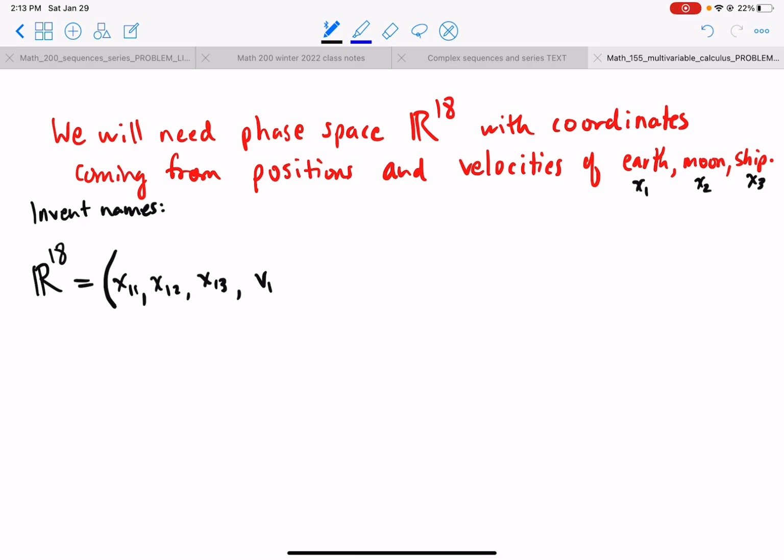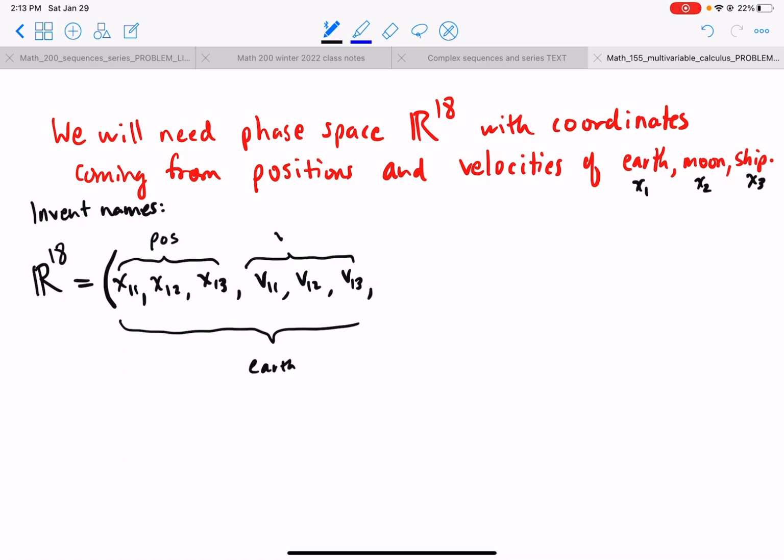So v1, and now it needs 3 coordinates, so v11, v12, v13. Now it has 3 coordinates. We have a velocity vector of the Earth. Somewhere is the Earth located at position x1 with velocity v1. Okay. And so this is the Earth, and this is the position, and this is the velocity.